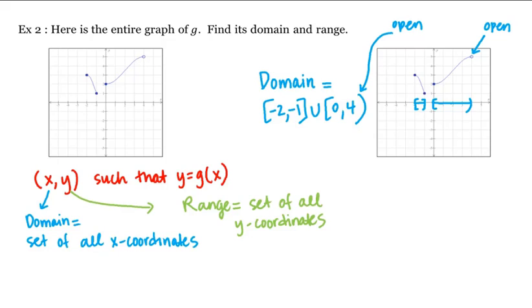And also notice here there's this gap between -1 and 0 because those x values are not the x-coordinate of any point on our graph. Neither are the x values to the right of 4 or the x values to the left of -2. So this is our domain.